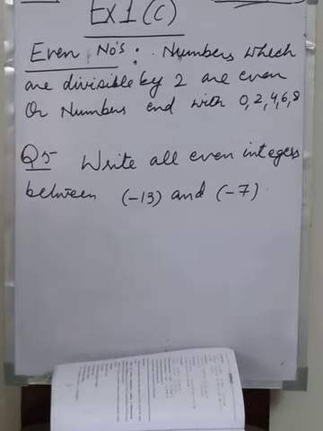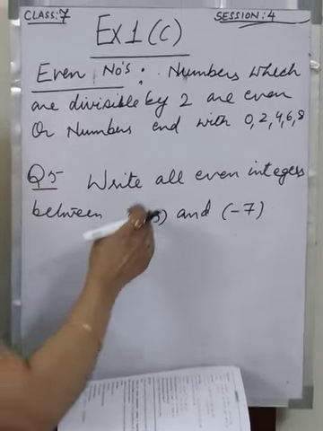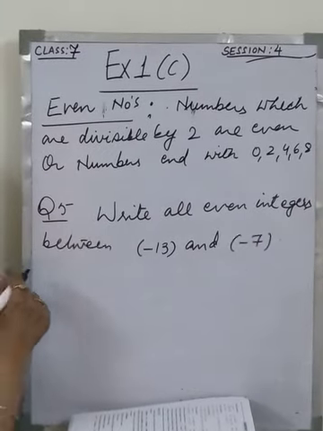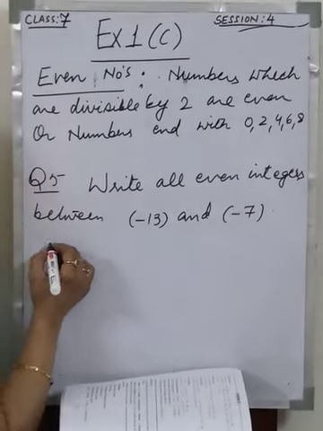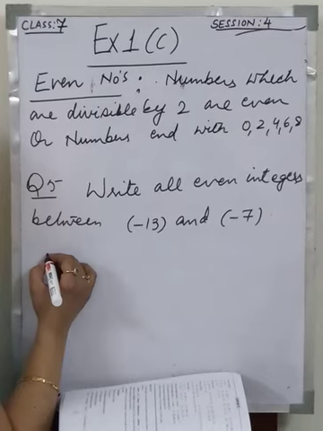So we are moving from -13 towards -7. After -13 what comes? It's -12.